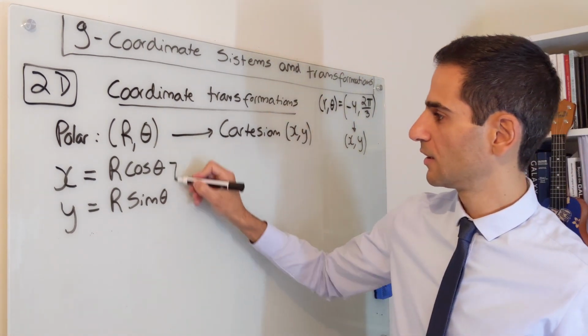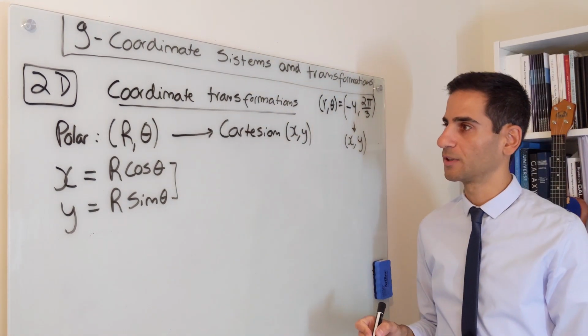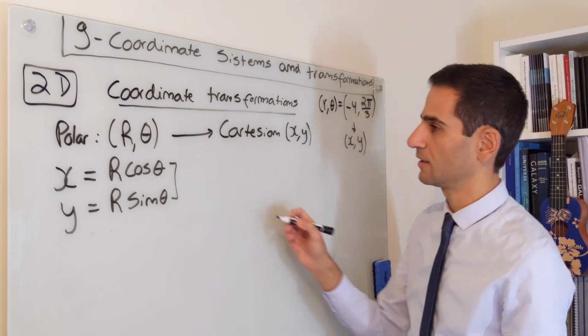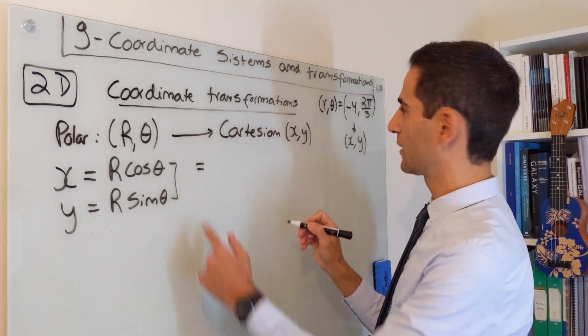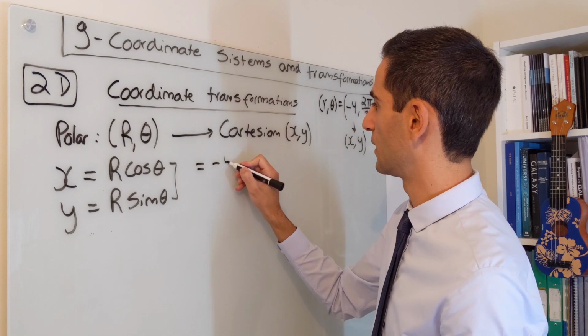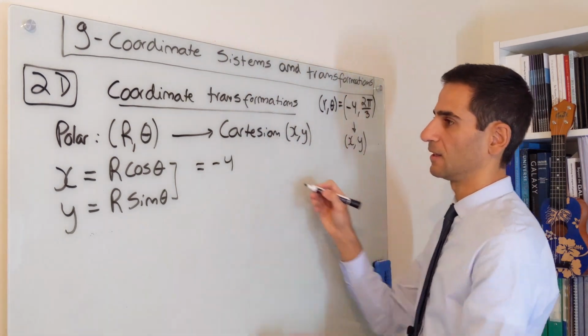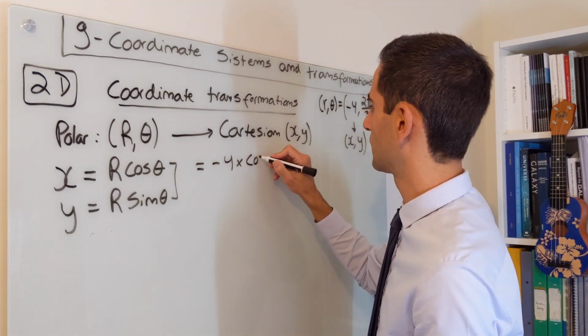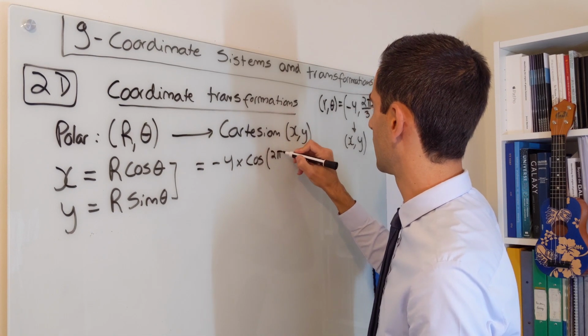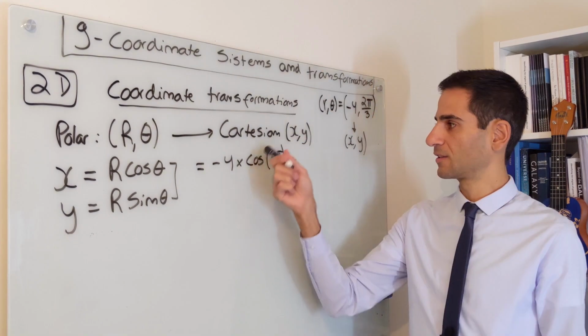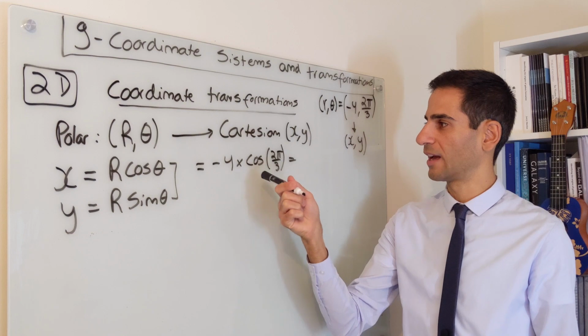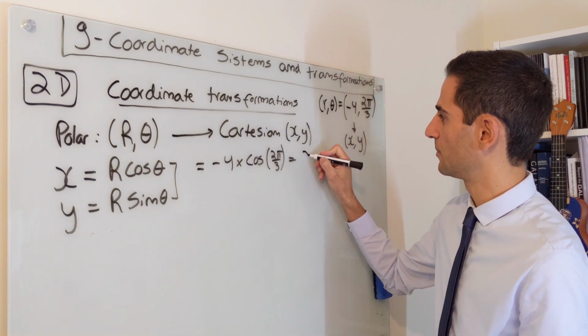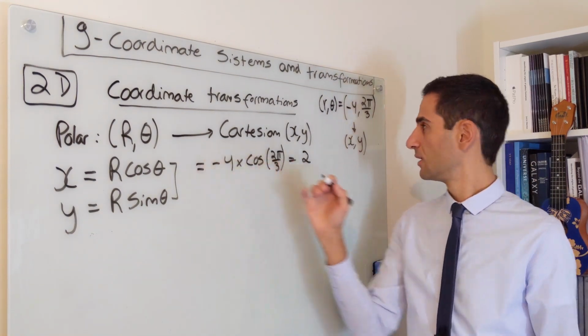We've seen we only have to apply these coordinate transformations. In this case, for x, we have minus 4 times cos of 2 pi over 3. This cosine is minus 1/2. Therefore, we end up with 2.